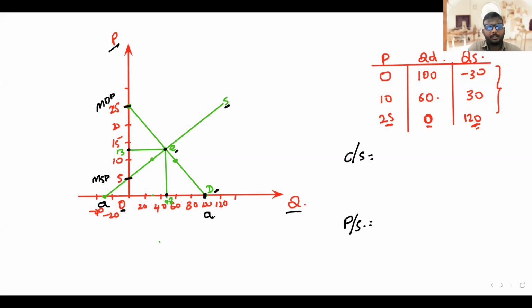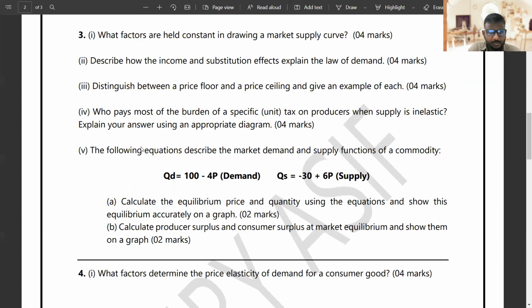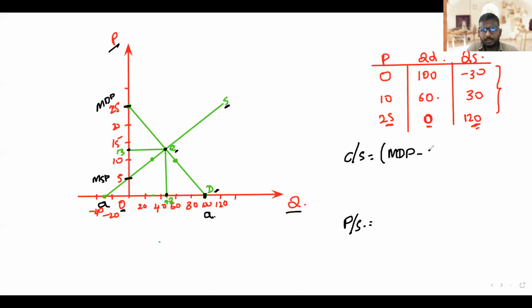Right. So consumer surplus, what is the equation you used? Maximum demand price minus. So here the question is about finding consumer surplus at the equilibrium price, no? Right? They're asking consumer surplus at equilibrium, producer surplus at equilibrium. So the equation, if you want, you can directly use the common equation that is used, maximum demand price minus equilibrium price into equilibrium quantity over 2.